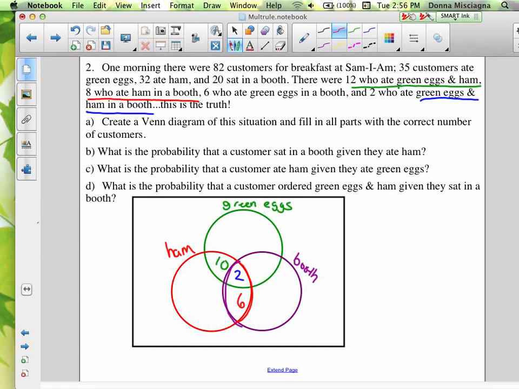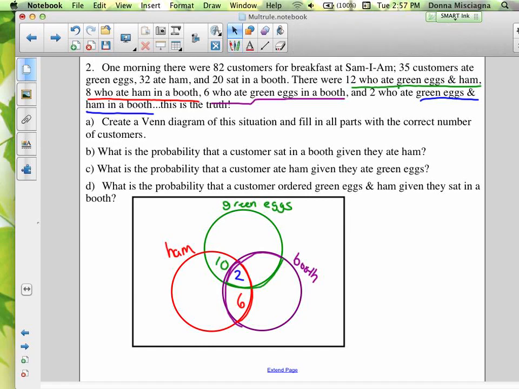And then finally, we have the last group, the 6 who ate green eggs in a booth. And we want to, that includes all of these people, and then all of these people, right? So it's that section there.